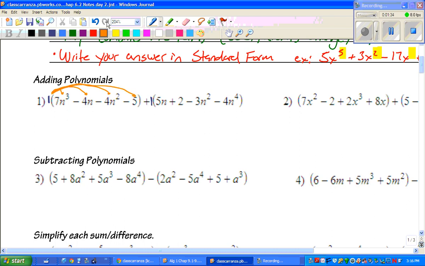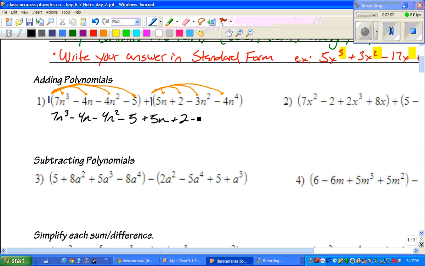And now when you distribute a positive 1, everything inside the parentheses stays the same.